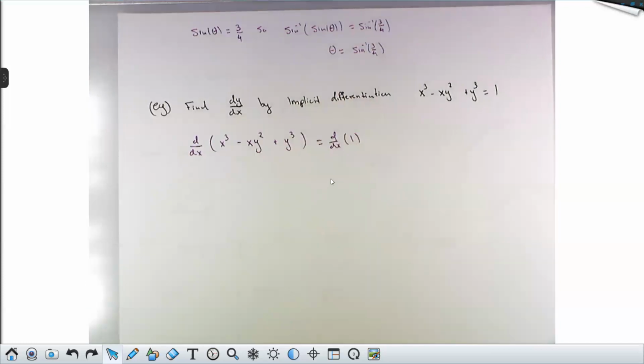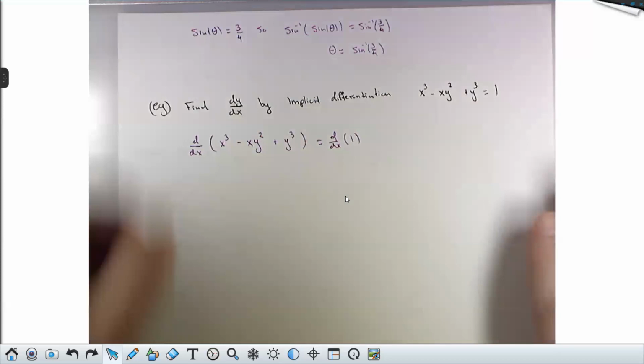And that middle part, the d dx of xy squared, is going to require a product rule. The other terms are pretty easy, but we want to be very careful with the product rule, especially since this term happens to be negative. So let me write it out.